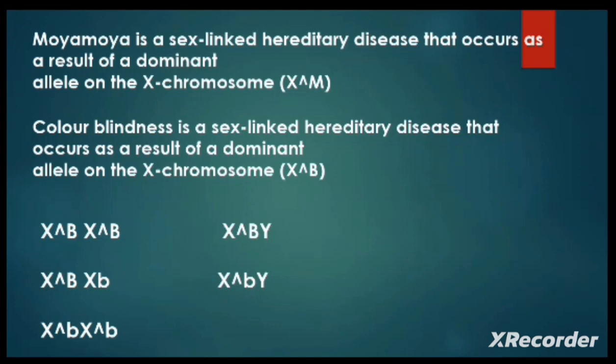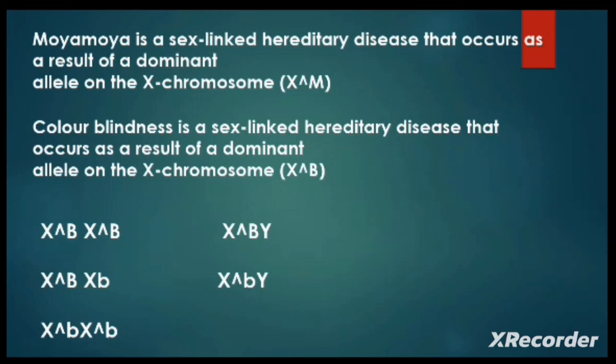So if they told you it is caused by a dominant allele, a man who is affected would have an X with a capital letter B, because why? It is caused by a dominant allele, and then the Y doesn't carry anything. A man who is normal would have an X with an exponent small b and then Y. The small b means that the man is normal. He doesn't have the disease. Now let's look on the side of women.